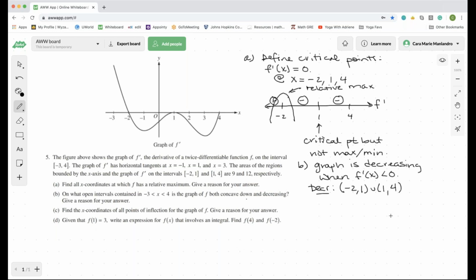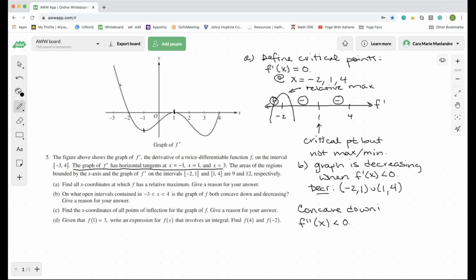Awesome. Okay, so now what about concave down? Concave down is a second derivative thing. We know we have a graph that's concave down when f double prime of x is less than 0. So we want to know where the derivative of the derivative is negative. I'm going to take advantage of the zeros that they gave us, where we have these horizontal tangents.